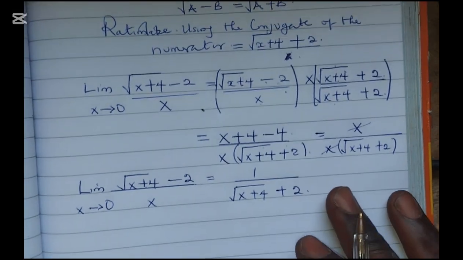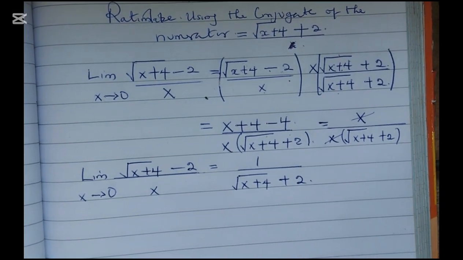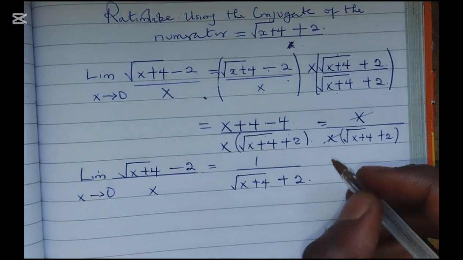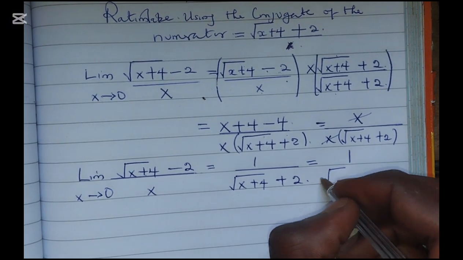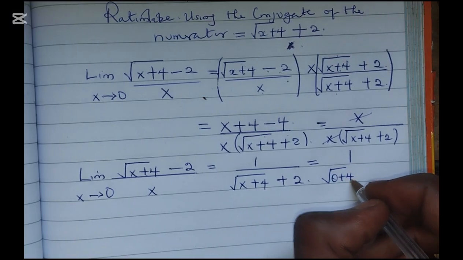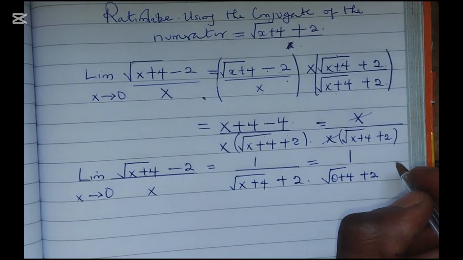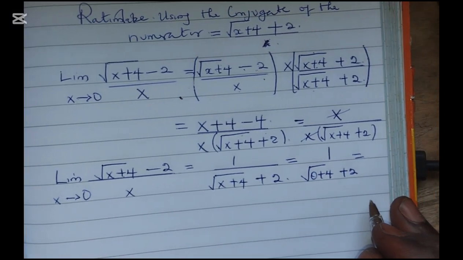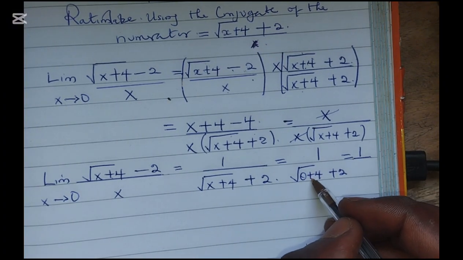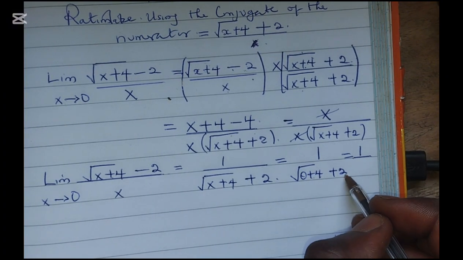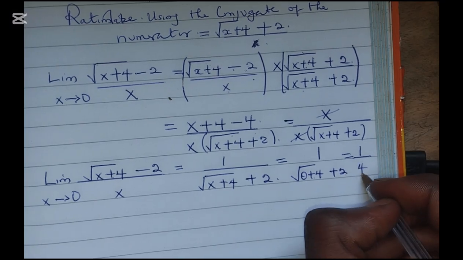At x equals 0, we have the limit of this function to be 1 over the root of 0 plus 4 plus 2, and that will give us 1 divided by the root of 4, which is 2. 2 plus 2 is simply 4.